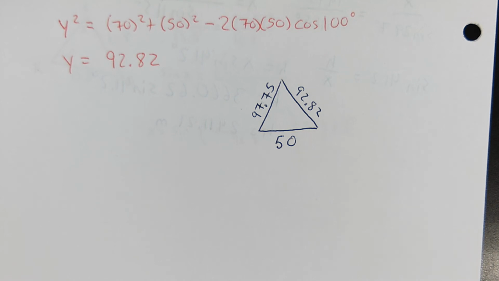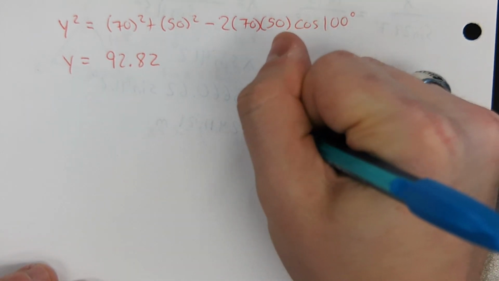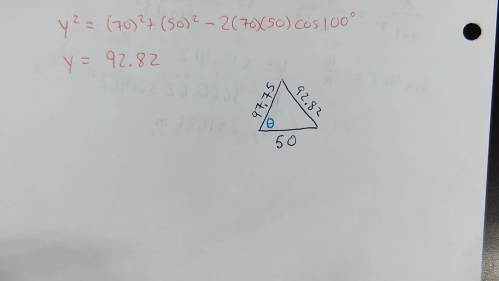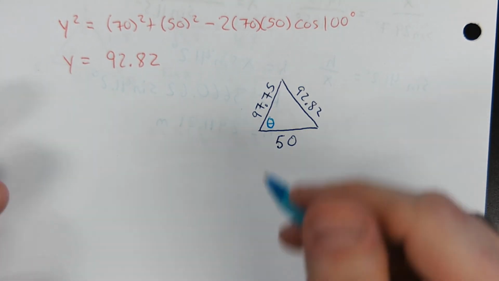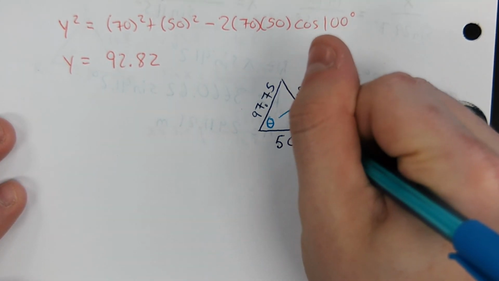So what do you think about me putting theta right here? In order to solve for theta, I will use my cosine rule set up like this.